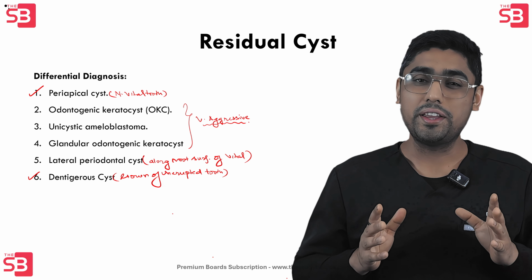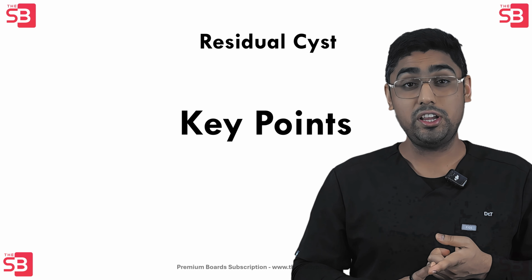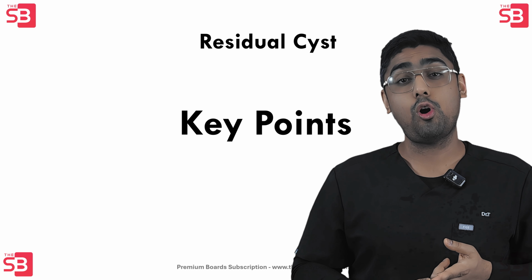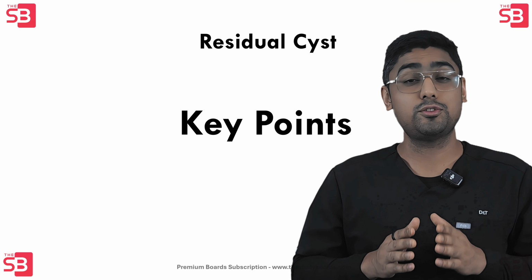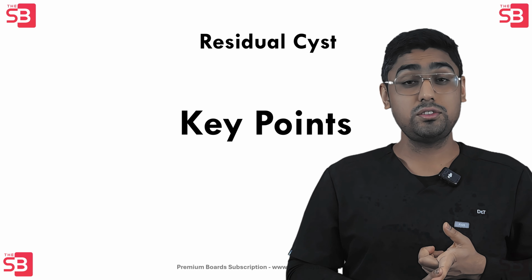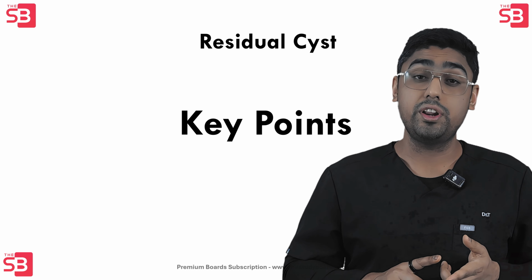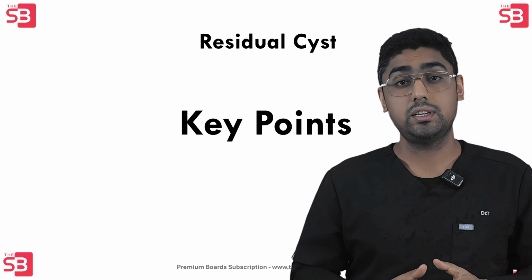Now let's do a quick recap of key points of residual cysts. So they are inflammatory odontogenic cysts that form when a periapical cyst is not fully removed after extraction. It is found in edentulous areas, not associated or attached to any tooth. Then radiographically, it is a well-defined round radiolucency with clear borders.